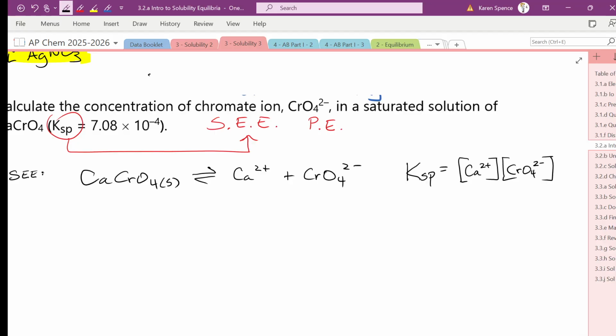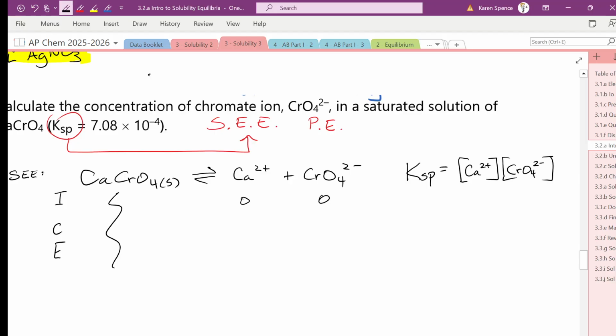Now, what do you know about how much of this stuff dissolves? Like if we started with just solid and we had ICE, and we can't use this because that's a solid, right? And we start with nothing dissolved because when we put it in, it's all solid.